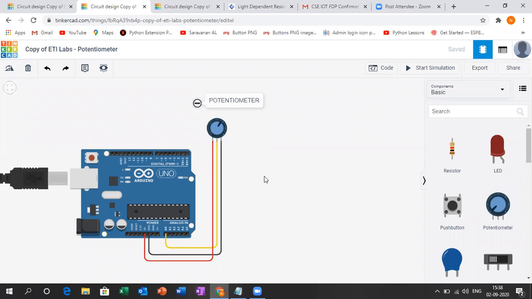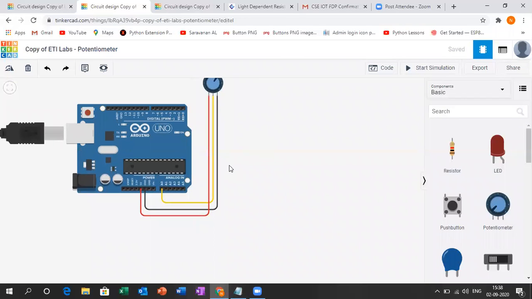Now I move to the connection part. In connection, there are three pins of potentiometer.